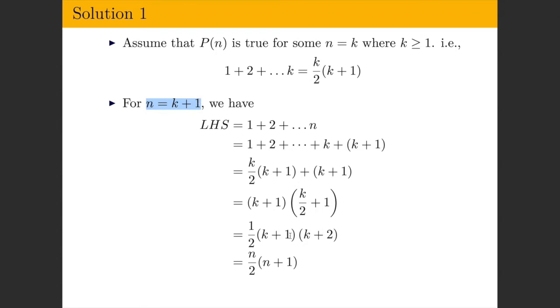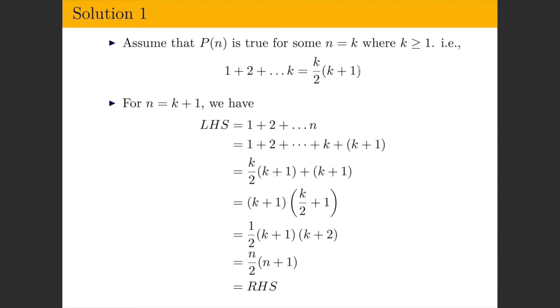So I can replace the k plus 1 with n, and I can replace the k plus 2 with n plus 1, again because n is equal to k plus 1. And now we've actually proven, for at least n is equal to k plus 1, that 1 plus 2 plus all the way to n is also n over 2 times n plus 1.